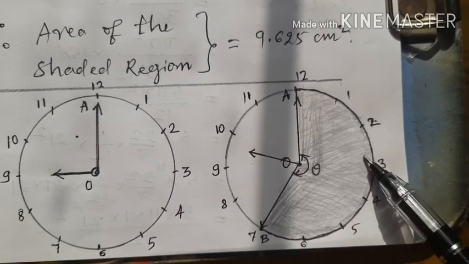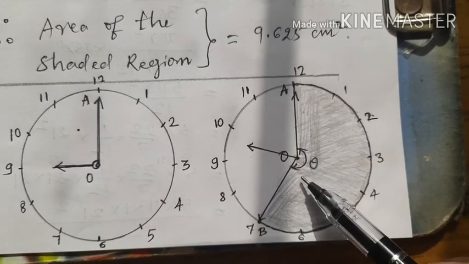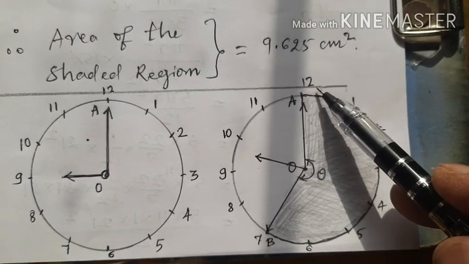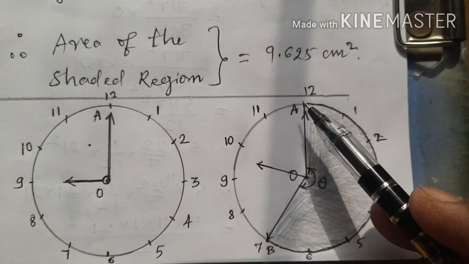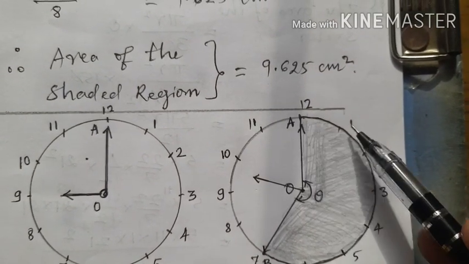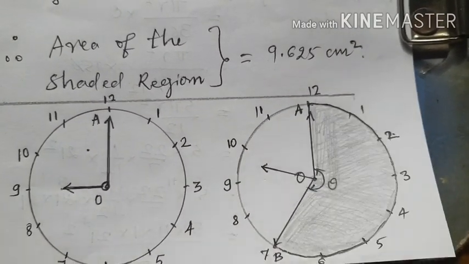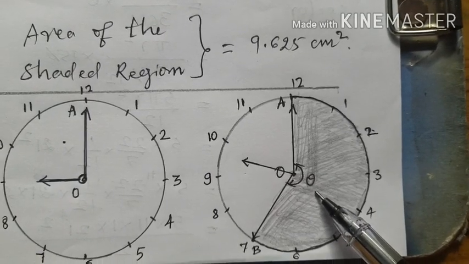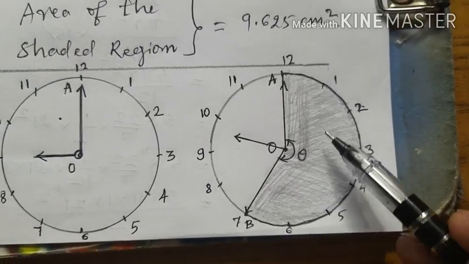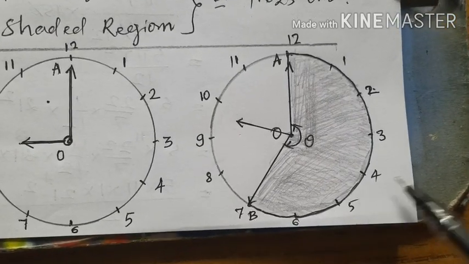Therefore, this is the sector formed by the movement of the minute hand whose length is 10 centimeters. From 12 to number 7 means 35 minutes, and that is the central angle formed. Let us find the central angle of this sector and then find the area of the sector.